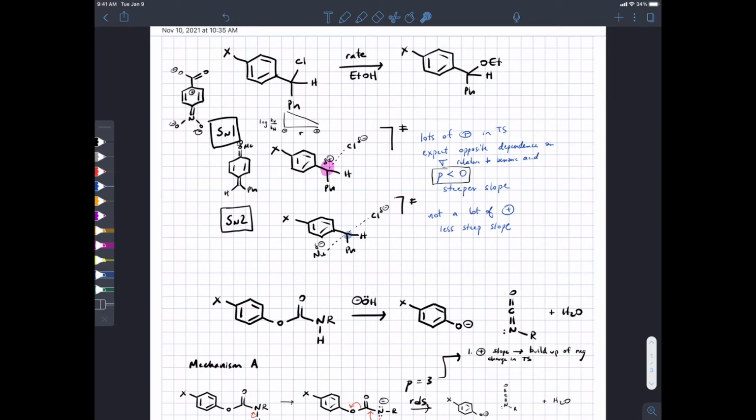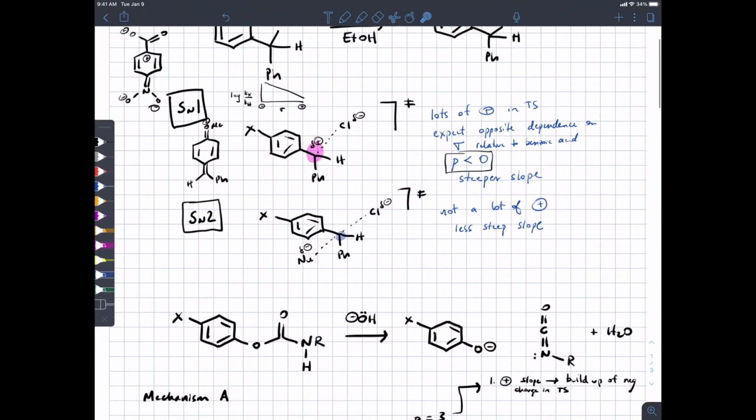Yeah, but I'm saying like the bottom where you have the negative nucleophile, and we established that it's not SN2, it's SN1, right? So if I didn't show you any data for this reaction, but if we observed that rho was negative and large in magnitude, then those data would be consistent with SN1.